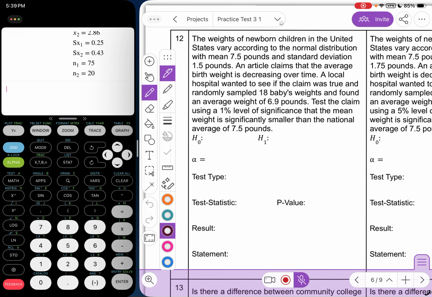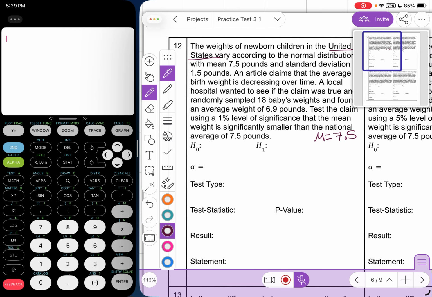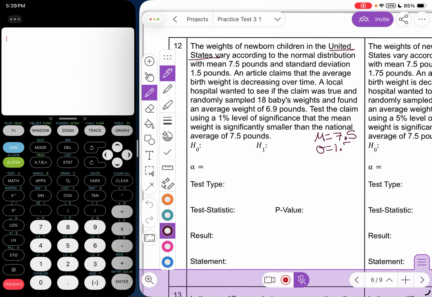The weights of newborn children in the United States vary according to the normal distribution with a mean. So if we're talking about the whole United States, we're talking about the population mean is 7.5. And standard deviation is 1.5 pounds. An article claims that the average birth weight is decreasing over time.